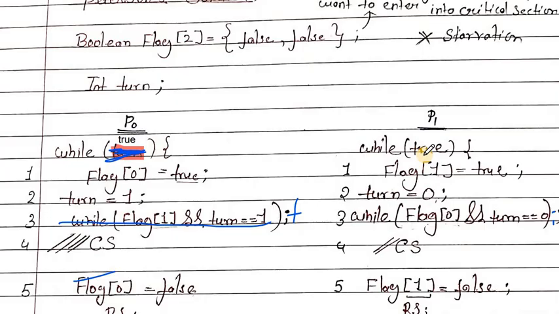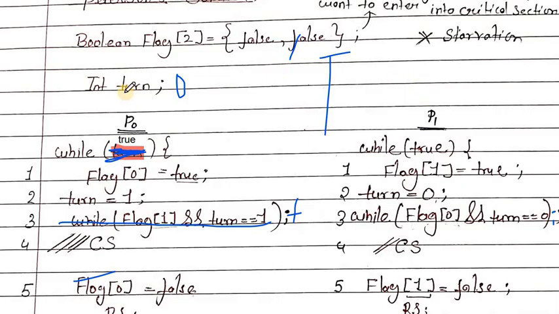Is P1 able to execute the critical section before P0? Make flag 1 equal to true, and turn 0.